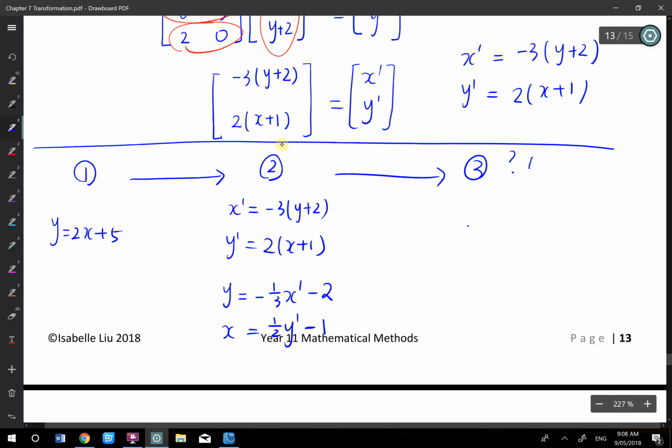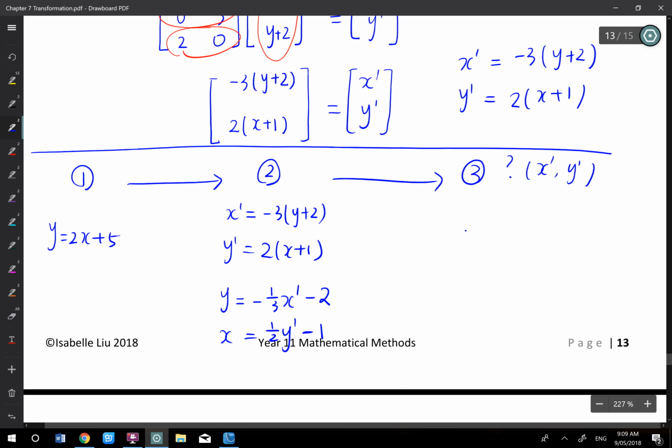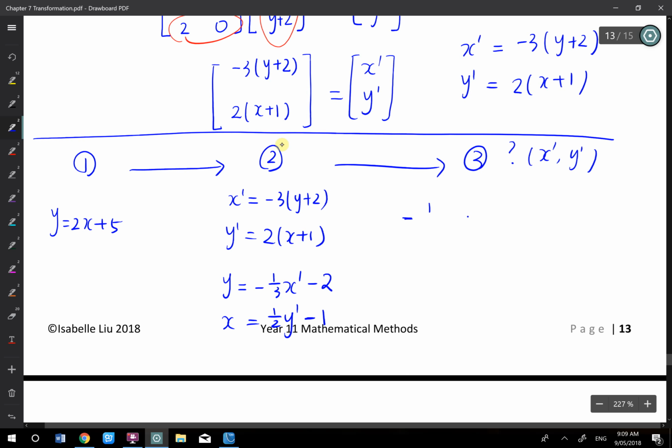That's the question mark. I need x dash, y dash. And what I want to do is substitute. y will be replaced by this. Now I don't have y, I have x dash. And 2x, x is a half y dash minus 1.